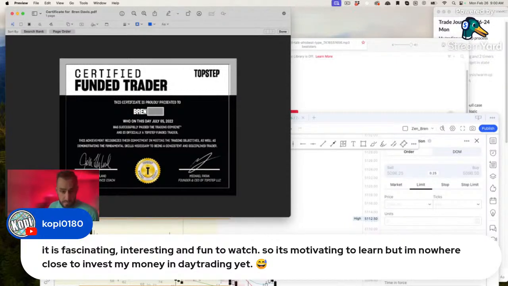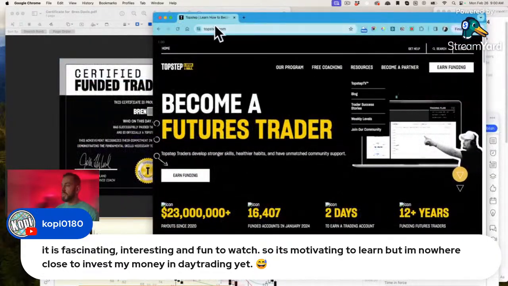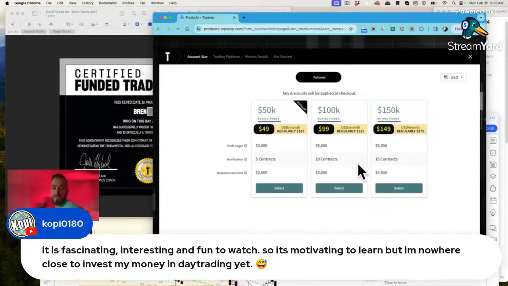It's a way to trade that's not as scary as putting all of your money into a trading account and worrying about losing it. So this is Top Step, and you have these different options, or you can earn funding. This was the one I did, and it's 150 bucks a month.